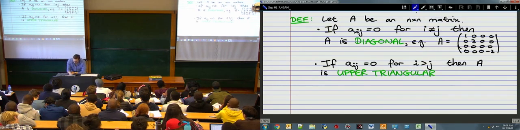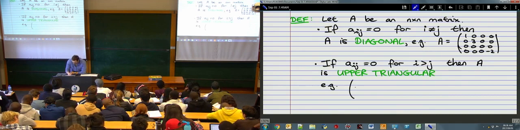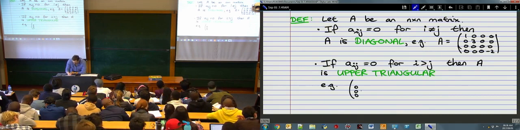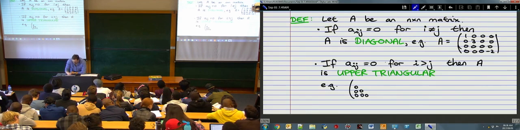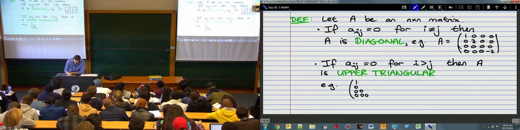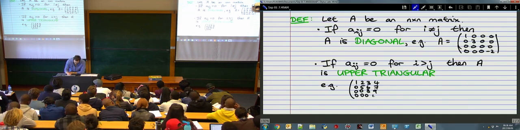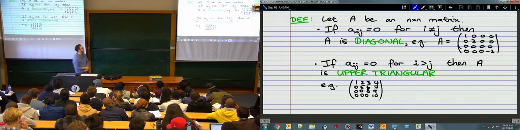So if we have an example, something like this. Let's say 0, 0, 0, 0, 0, 0, but all the other entries could be 1, 2, 3, 4, 5, 6, 7, 8, 9, 10. Right? That's upper triangular.